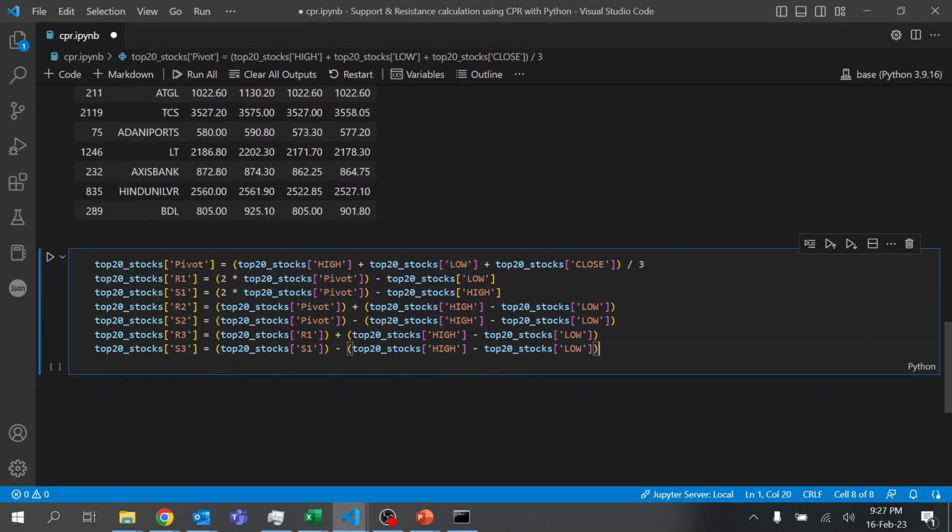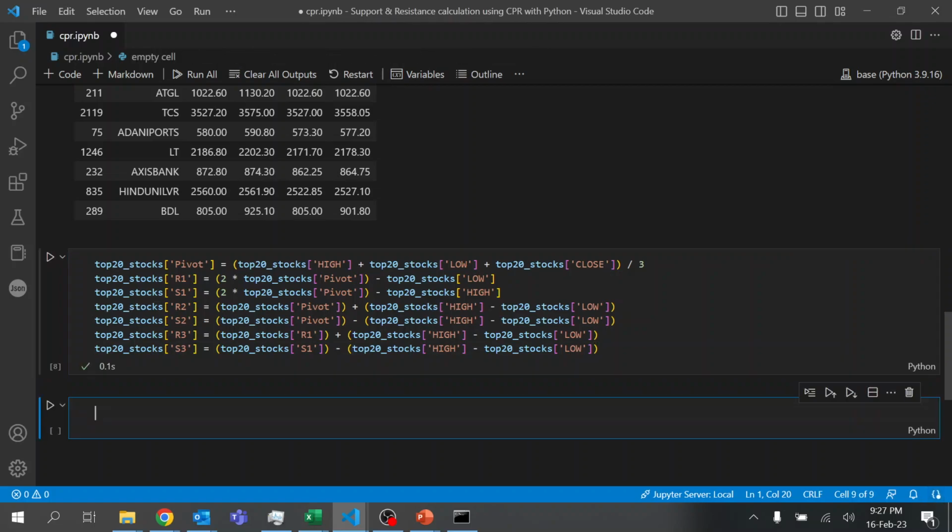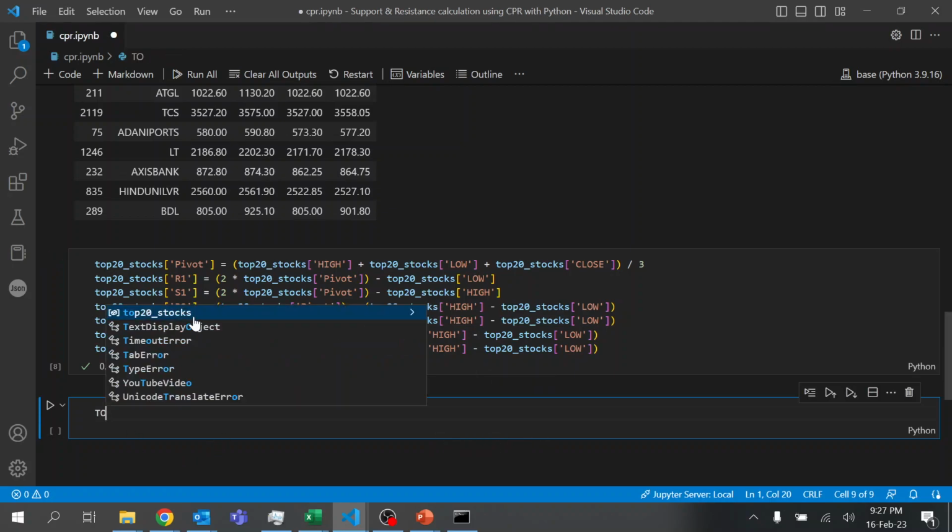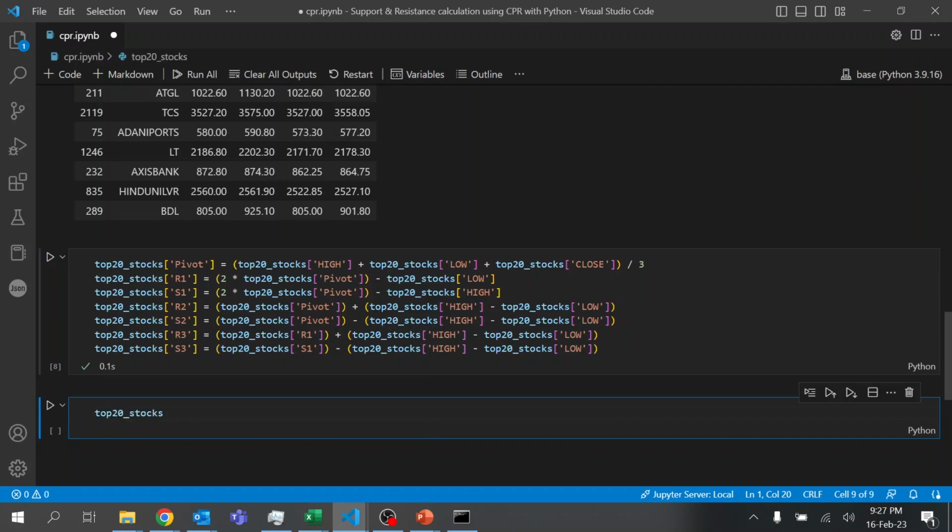So we have all the values in place. Click on enter, shift enter, and it ran without any trouble. So now what we are going to do is the same print for the top 20 stocks we have selected. We have created the important levels.